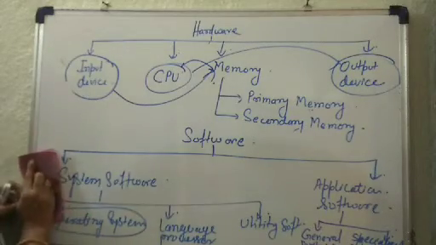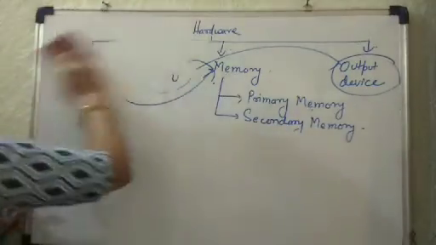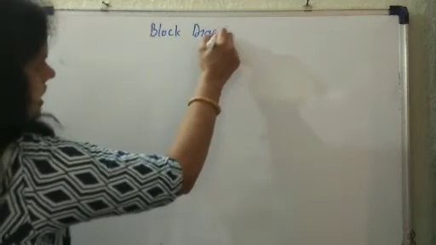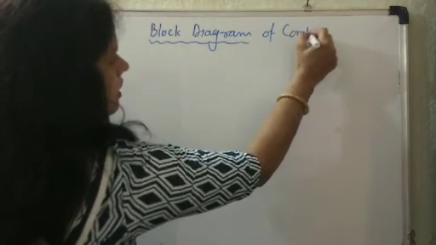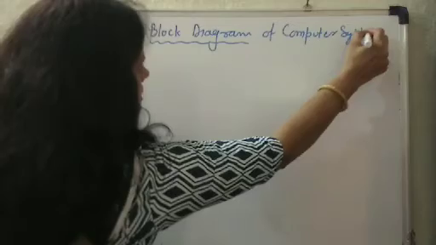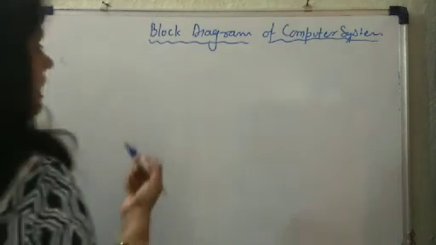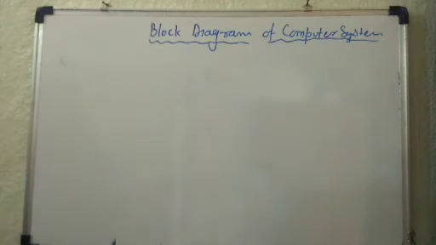Now let us see the block diagram of the hardware computer system. You can also mention this as computer organization using a block diagram, or computer organization represented through the block diagram.